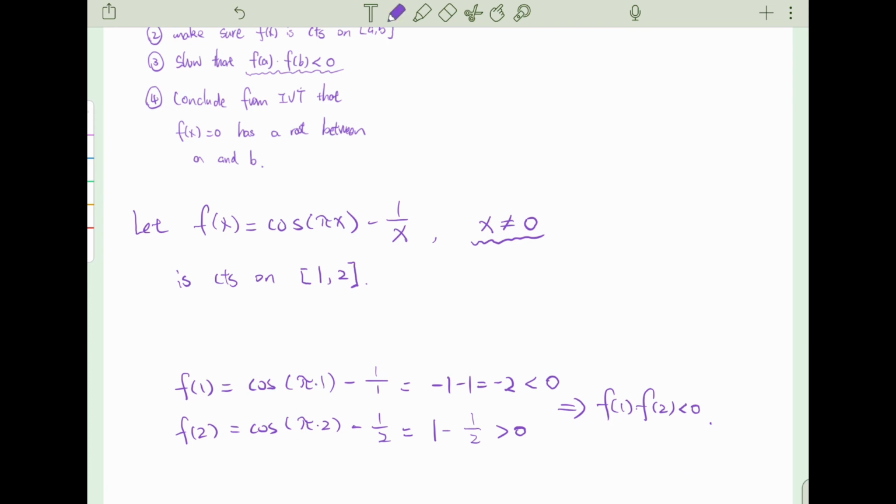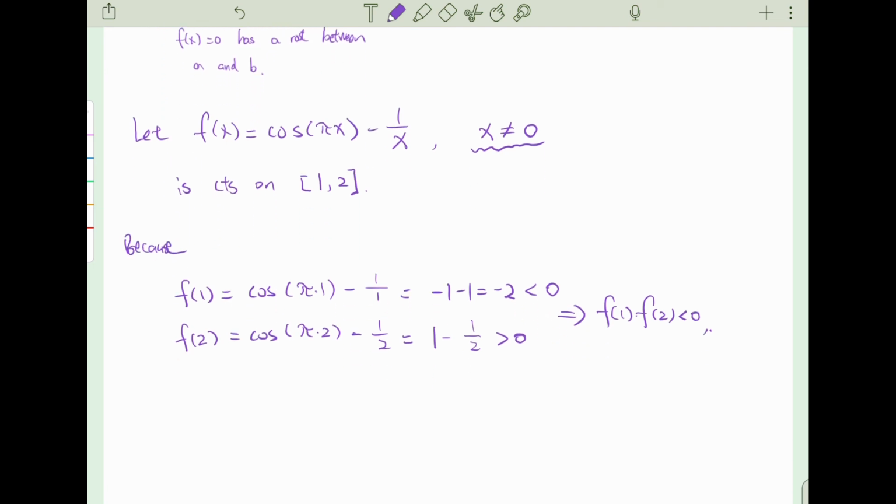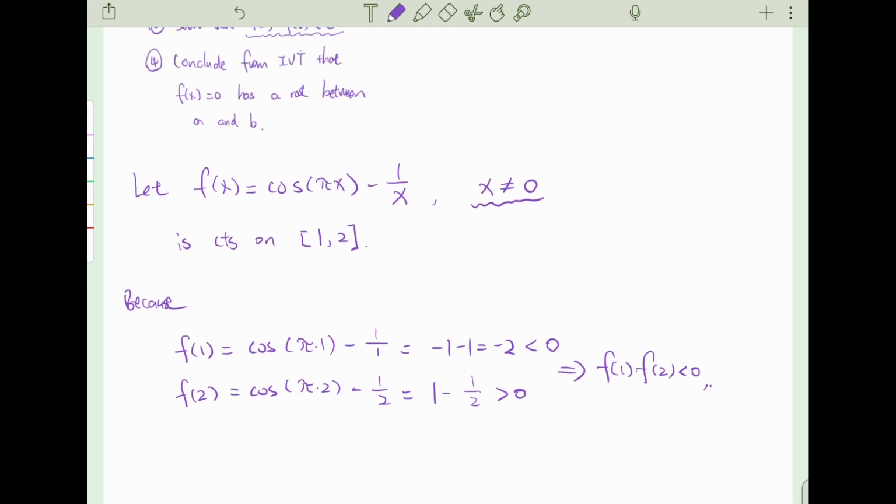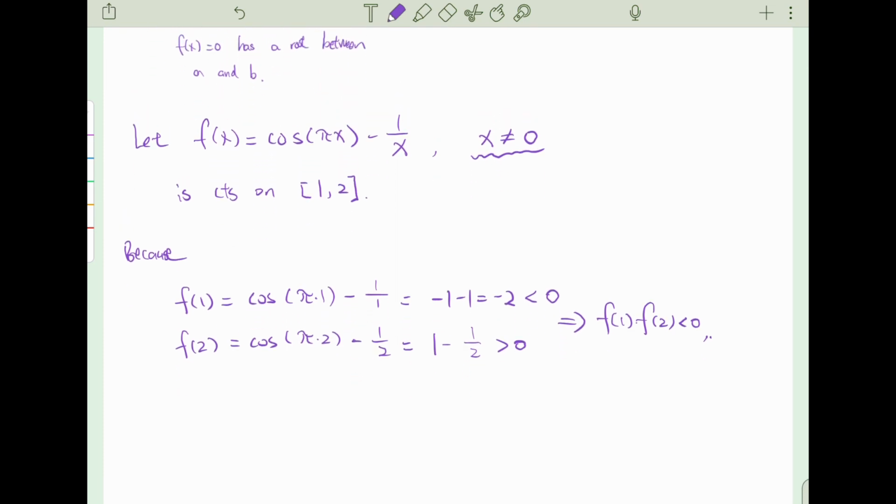because we have this f(1) times f(2) less than 0. So by IVT, there is some C in between 1 and 2, such that f(C) equals 0, right?